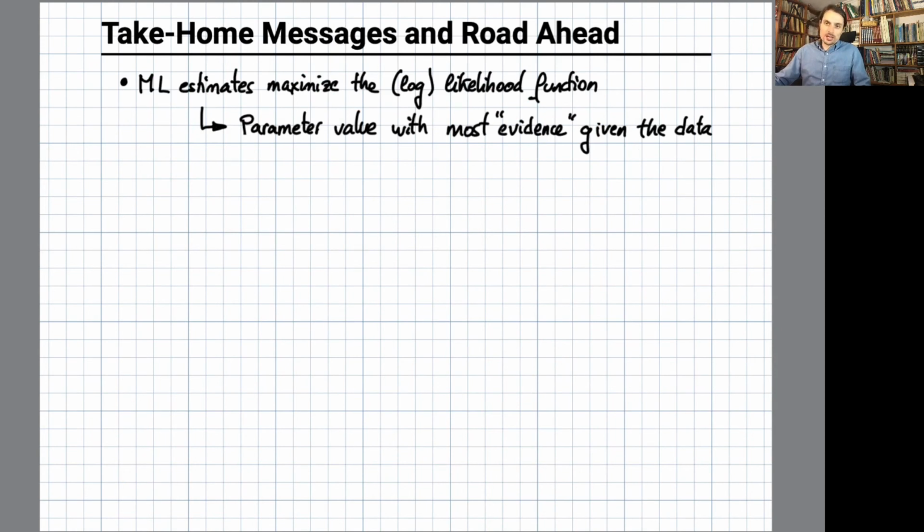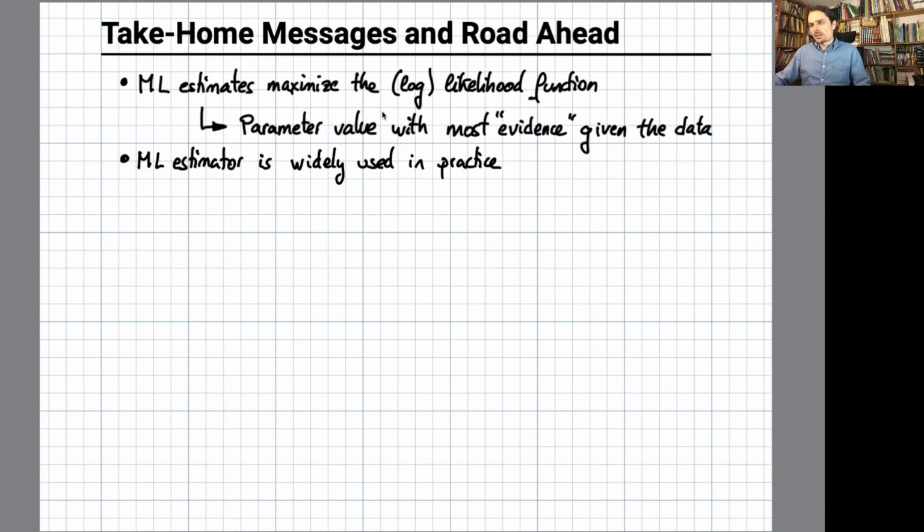Let's just recap some of the main messages. We defined ML estimators as those that seek the values of the parameters that maximize the likelihood function. The motivation was the interpretation of the likelihood function as a measure of the evidence that the data provides to support a specific value of the parameters, right?